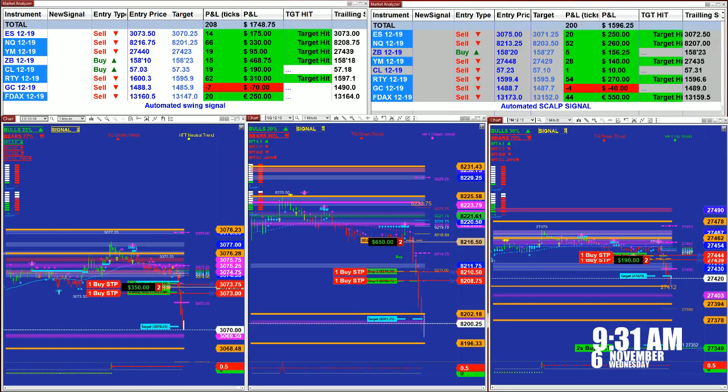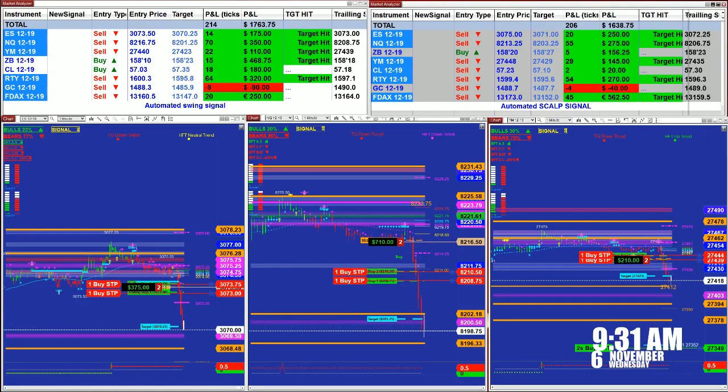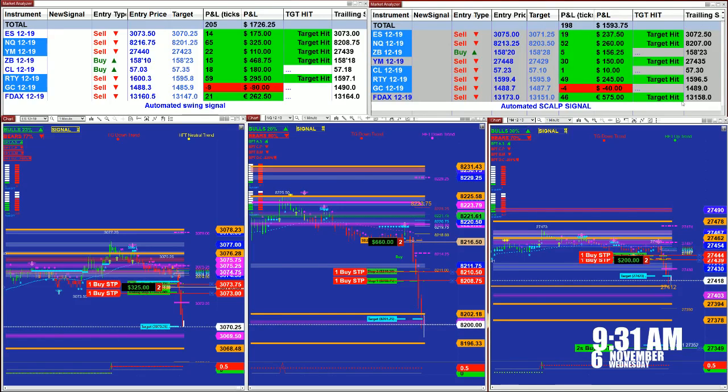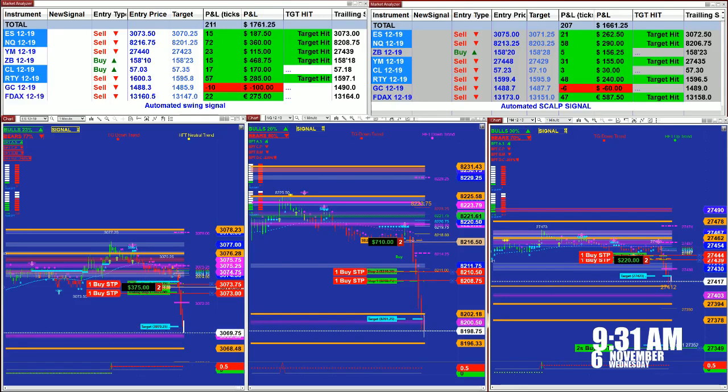All the scalpers, the market is going very fast. I cannot keep up with everything. But all of them, the scalpers hit targets and close position.